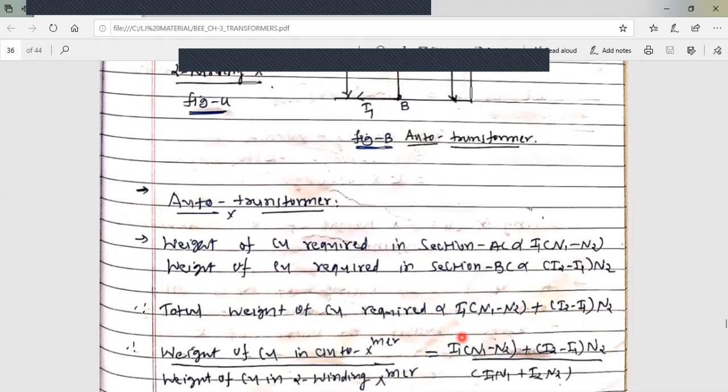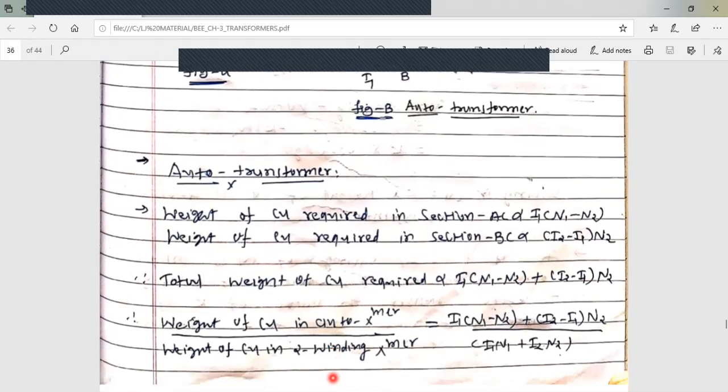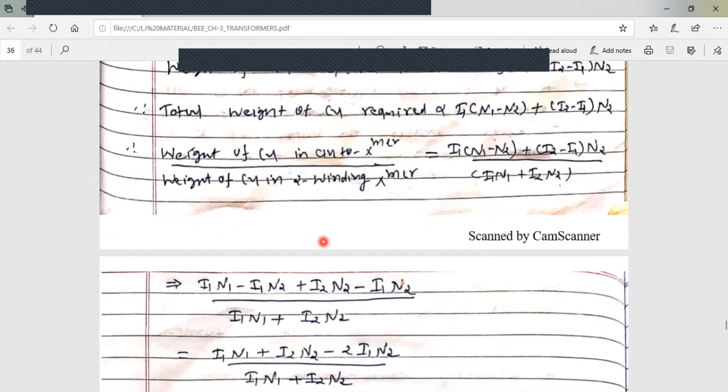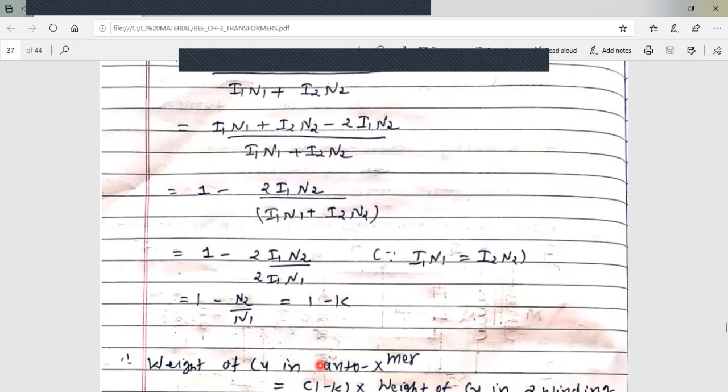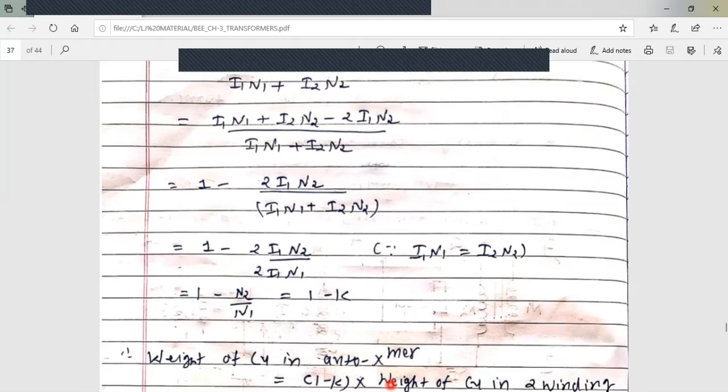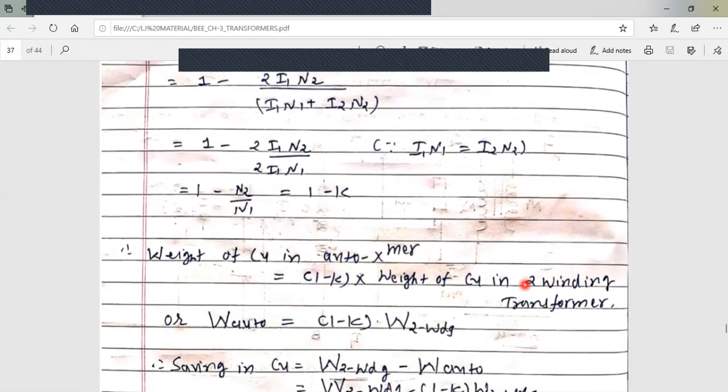So by taking this ratio, weight of copper in auto transformer upon weight of copper in two winding transformer, we have solved this ratio and we get 1 minus K. So we have written that weight of copper in auto transformer equals 1 minus K into weight of copper in two winding transformer.